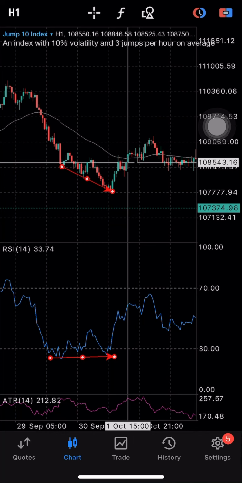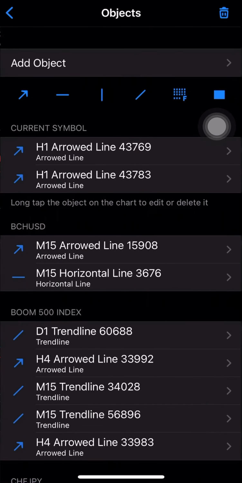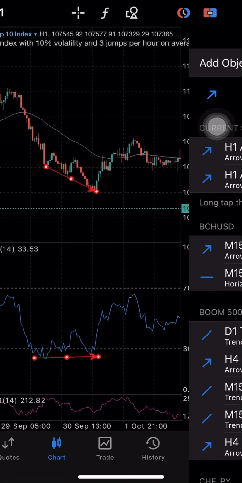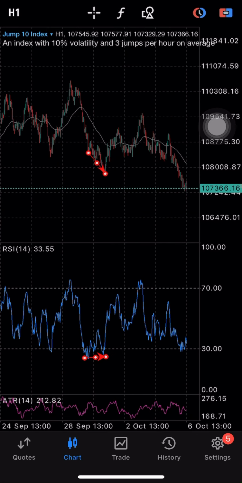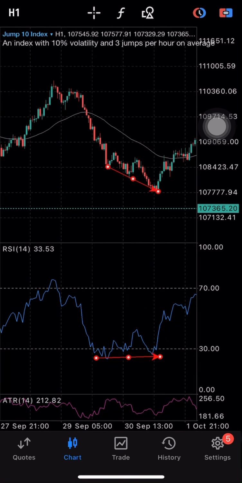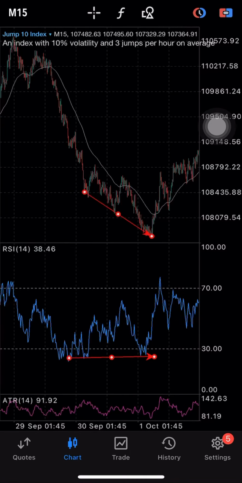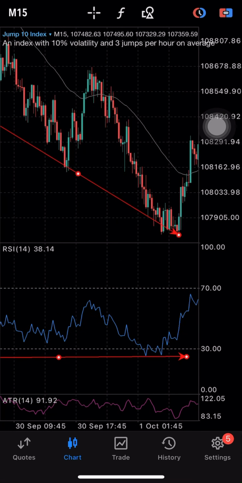Now, how do you incorporate this into trading synthetic indices? Once you spot a section like this in your synthetic indices, what you want to do is measure the break of trend. So you want to throw in something like a trend line, or if you are good with market structure, you can simply do that.